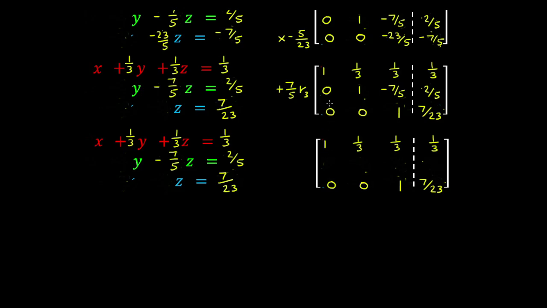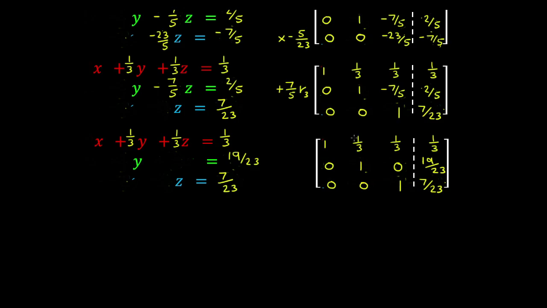So what we get is 0 plus 7 on 5 by 0, 1 plus 7 on 5 by 0, minus 7 on 5 plus 7 on 5 by 1, and then 2 on 5 plus 7 on 5 by 7 on 23, which gives 19 on 23. So therefore in our second equation, we got rid of z, and on the right hand side, we got 19 on 23. So we've solved for y.